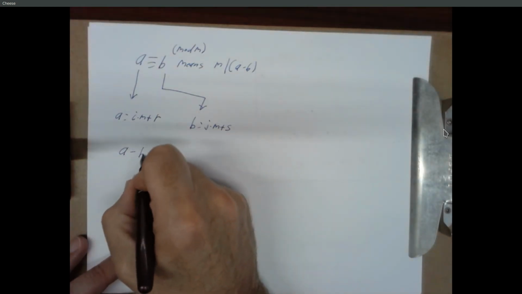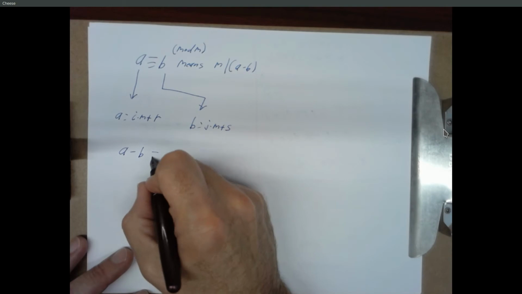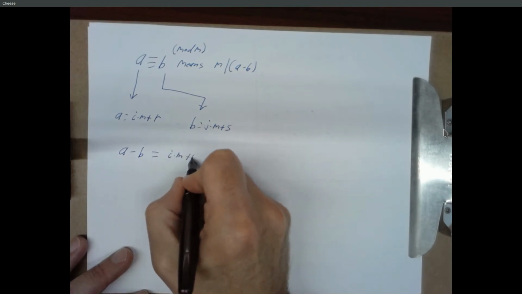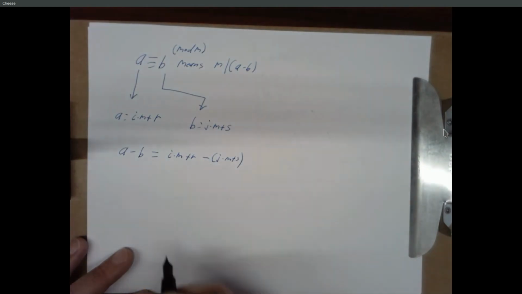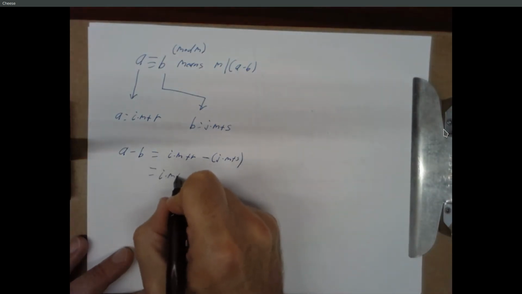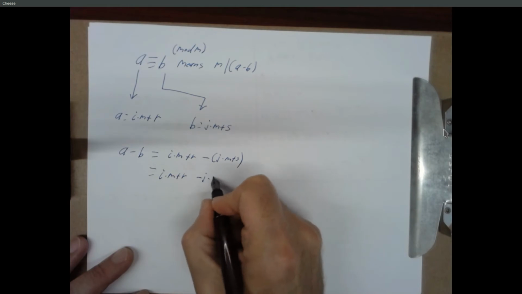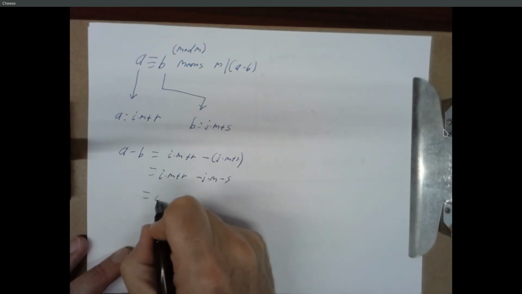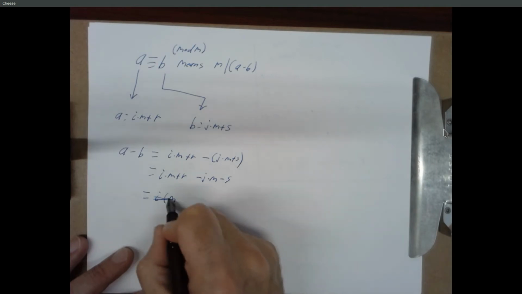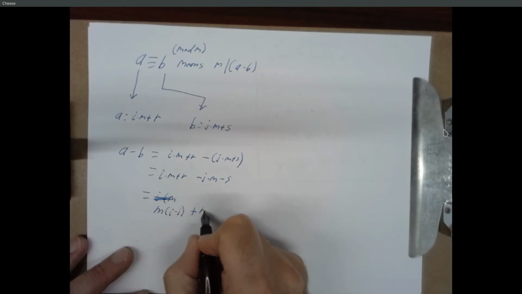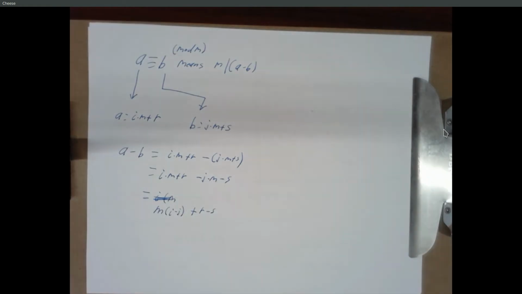If we use these forms to write a minus b, I can just plug these forms in. Right, a minus b is m times i minus j plus r minus s.